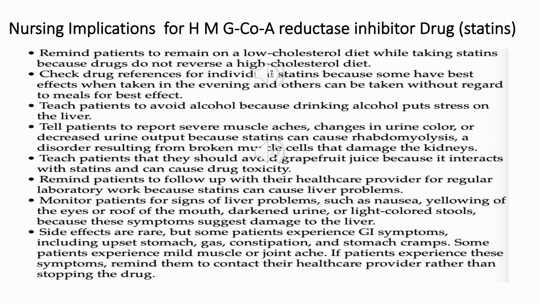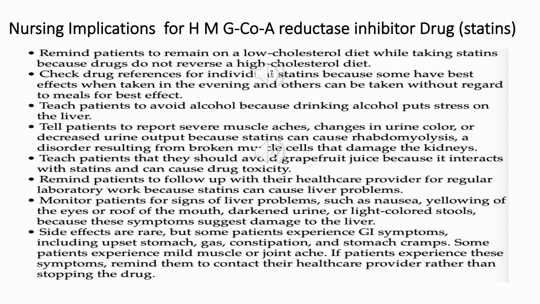Monitor patients for signs and symptoms of liver problems, such as nausea, yellowing of the eyes or roof of the mouth, darkened urine, or light-colored stools because these symptoms suggest damage to the liver.